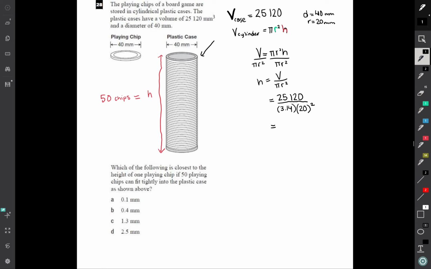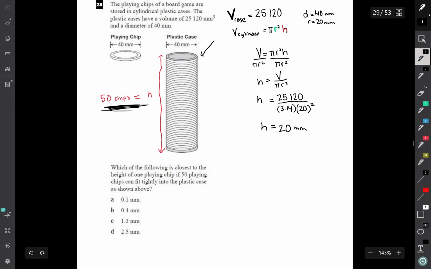So 25,120 divided by 3.14 times 20 squared. And that gives us a height equal to 20 millimeters. And remember, that's the height of 50 chips.